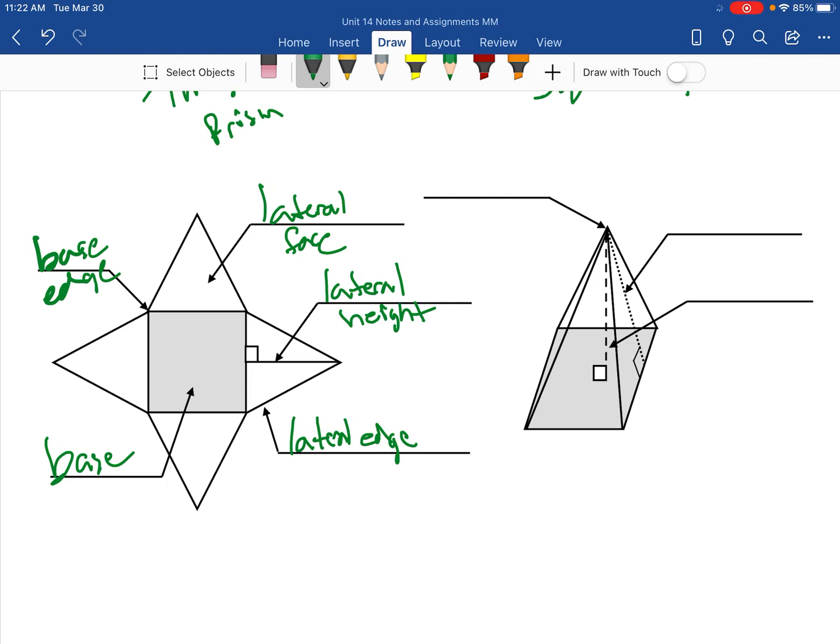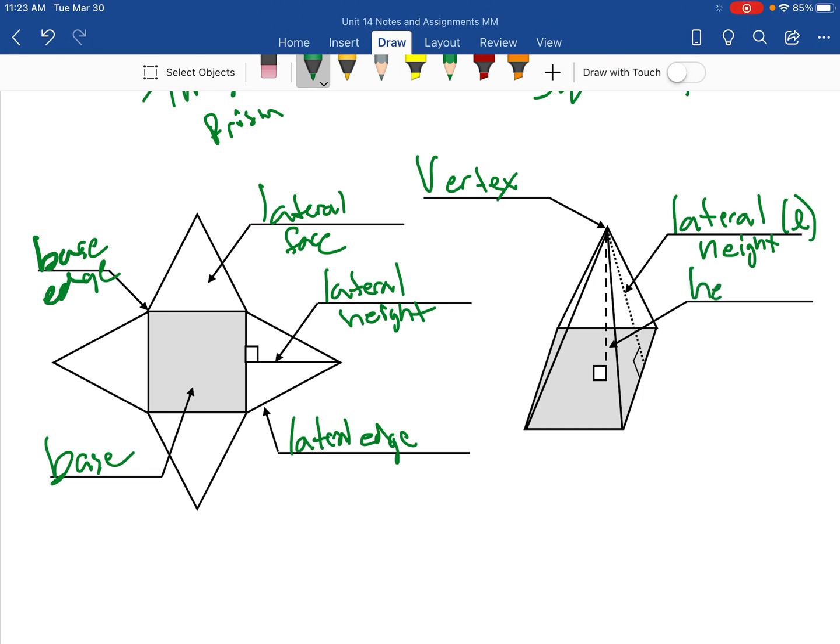So let's look at the three-dimensional representation. We have the top of our pyramid, and that is called our vertex. Again, this is our lateral height, and we're going to use a lowercase cursive L to symbolize that lateral height. This other height goes from the vertex to the base, perpendicular to the base.